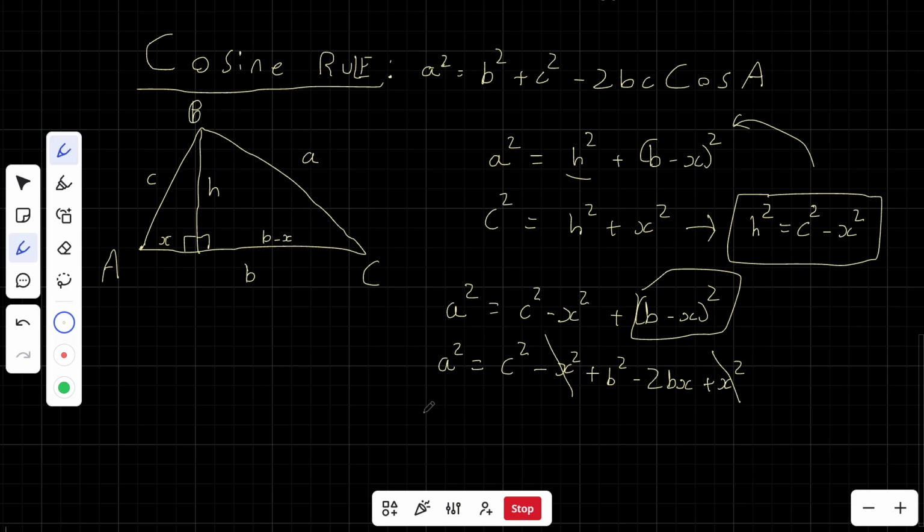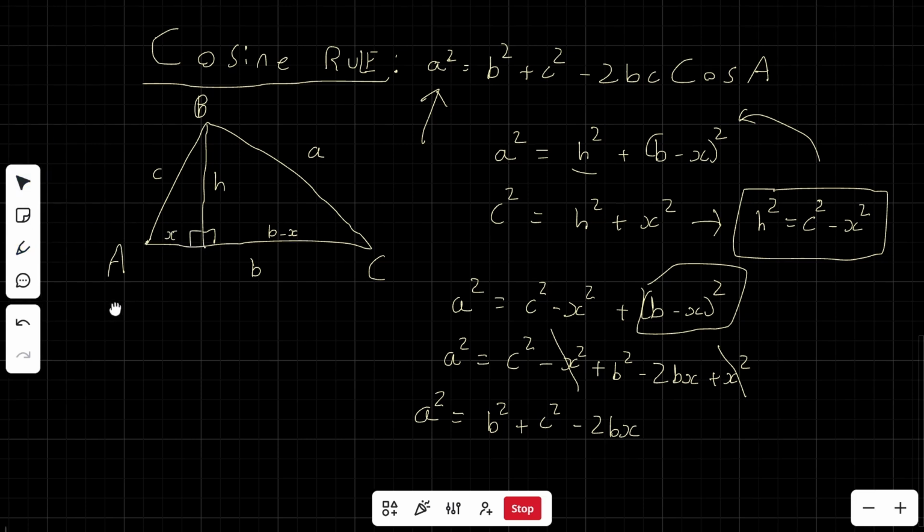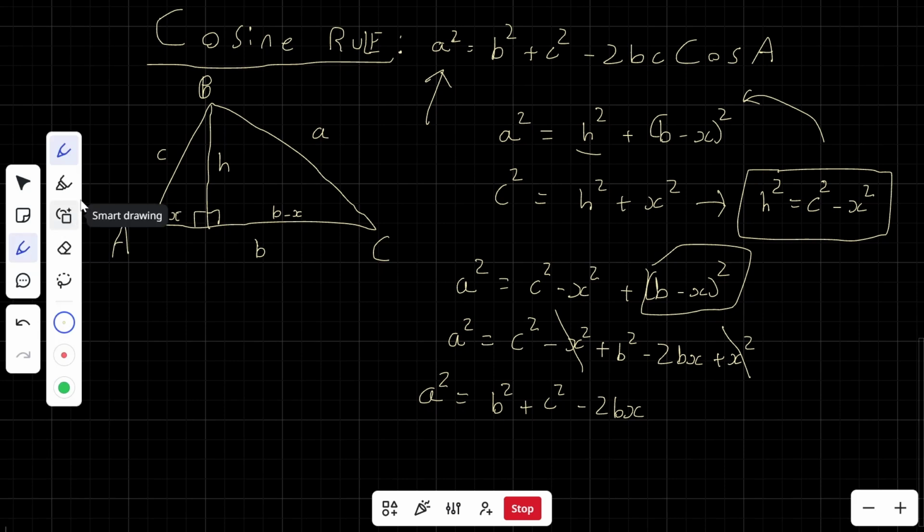And so we're going to be left with a squared equals b squared plus c squared minus 2bx. Now you're already seeing we're sort of getting there. We're sort of close. But let's look a bit deeper. Let's see what x is.